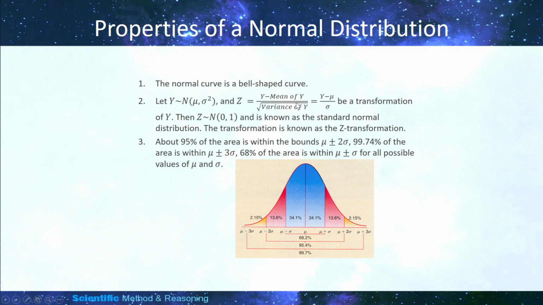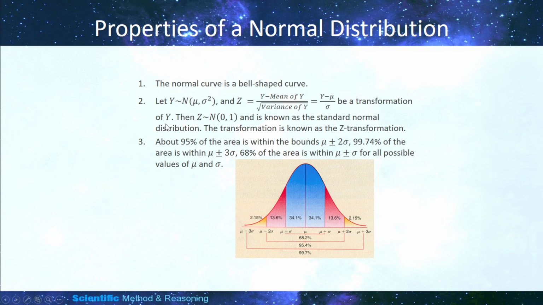But what is the mean of y under this condition? The mean of y is known to be mu, and the variance of y is known to be sigma square. So basically this z is a transformation of the variable y, given by y minus mu divided by sigma.